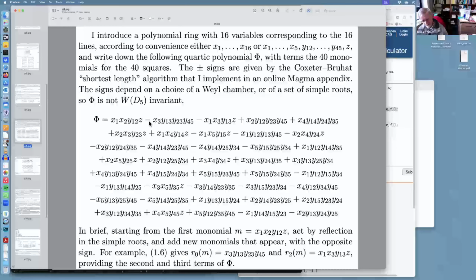So this is either plus 1 or minus 1. It's minus 1 if you get from the first square to the second square in an odd number of moves. Yes? So, in this polynomial, the 16 variables and the quartic monomials and the signs on the quartic monomials are all specified by the Dynkin diagram D5, and then by the root system. Yes?